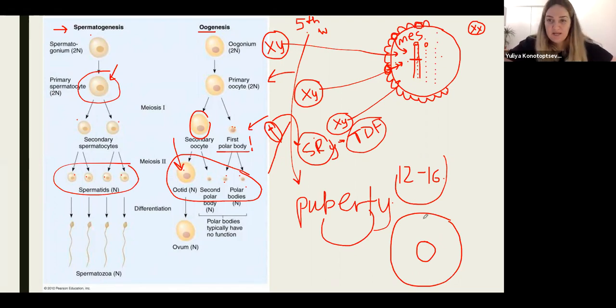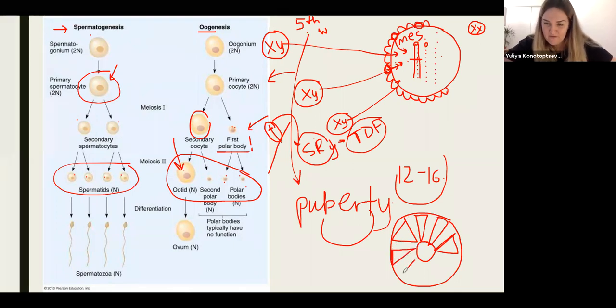The seminiferous tubule consists of very interesting triangular looking cells. These triangular looking cells are quite new. And if you're thinking that they are PGCs, you're actually wrong, because they aren't. These triangular looking cells have a name.